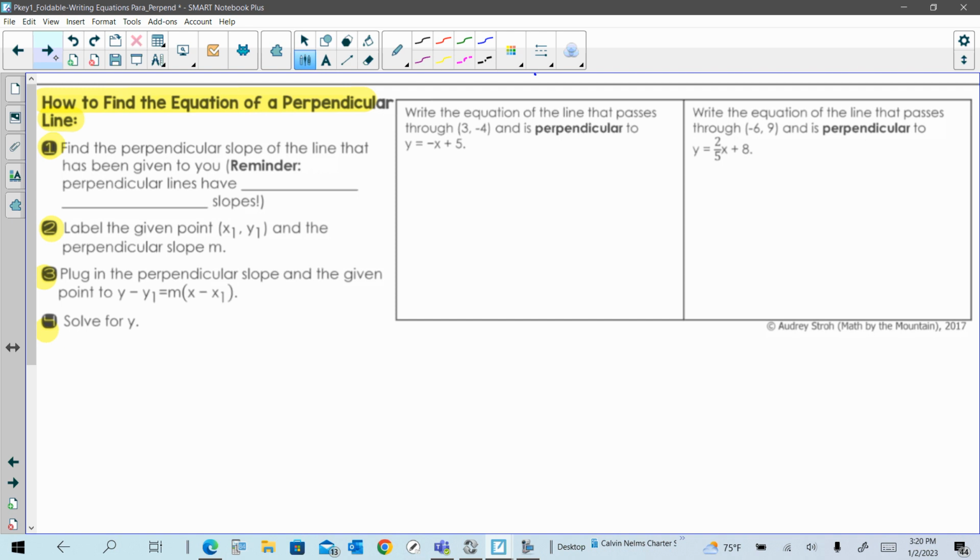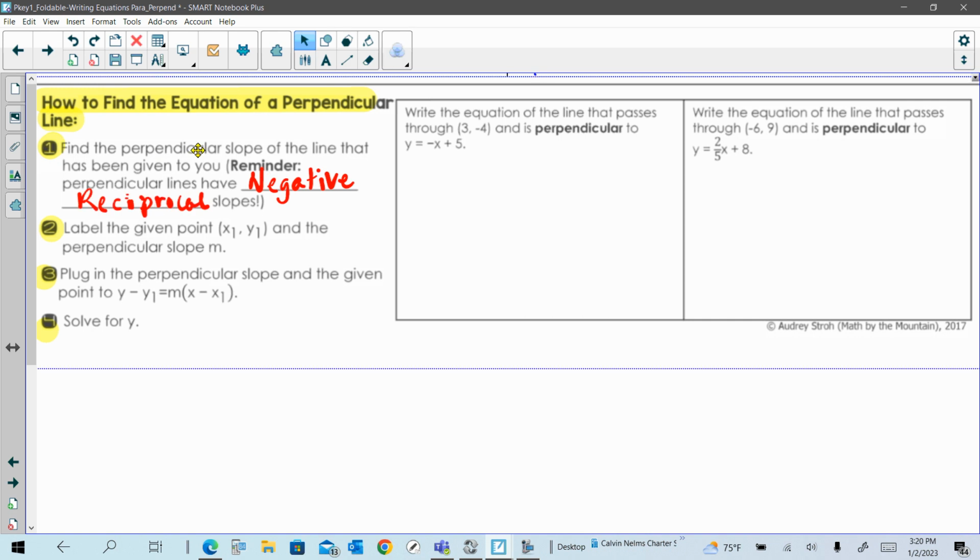So we're still going to look for our negative reciprocal slopes whenever we're dealing with perpendicular slopes. Okay, so negative reciprocal, this is when we flip and then change the sign. We're still going to use point slope form, which is down here.